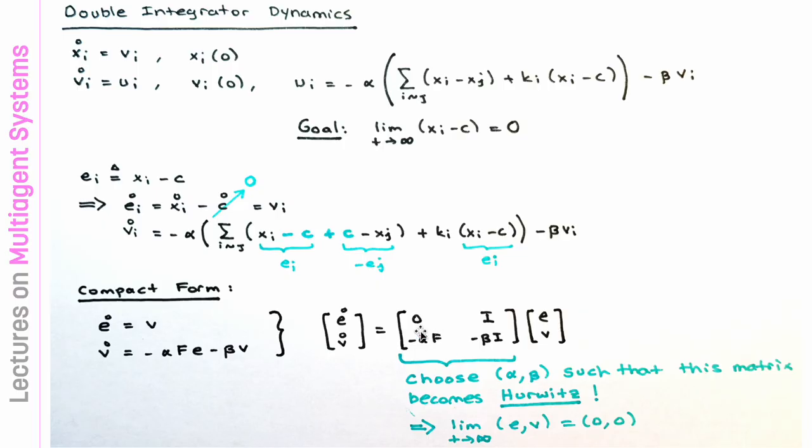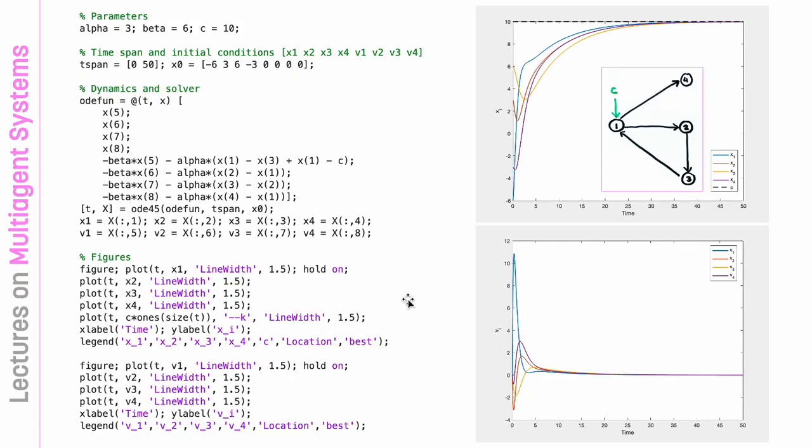So this is Hurwitz, but you need to play with alpha and beta to make sure the entire system matrix is Hurwitz. I will show a special case when we have undirected graphs. Something nice pops up as compared to directed graphs. But first, let's simulate this.